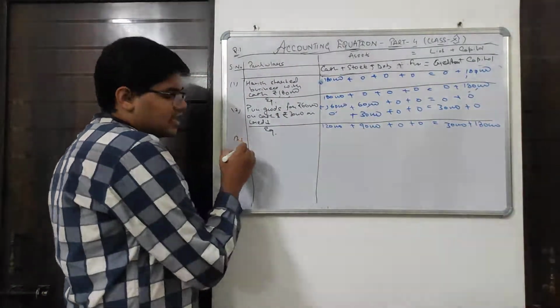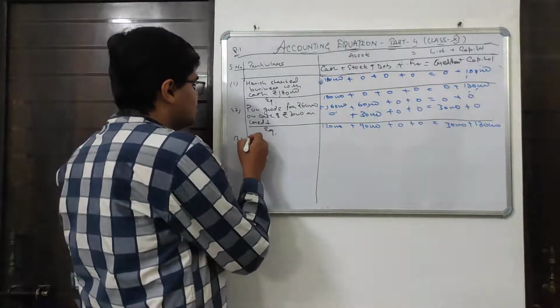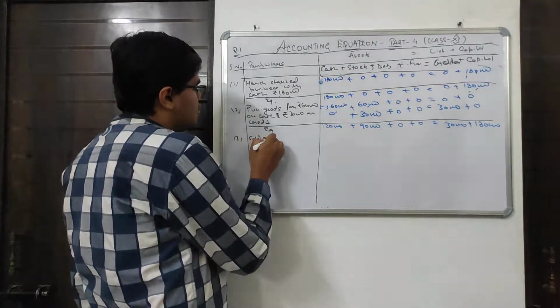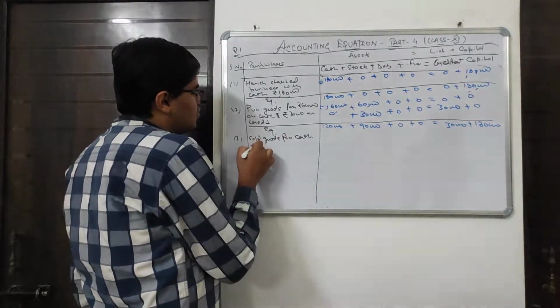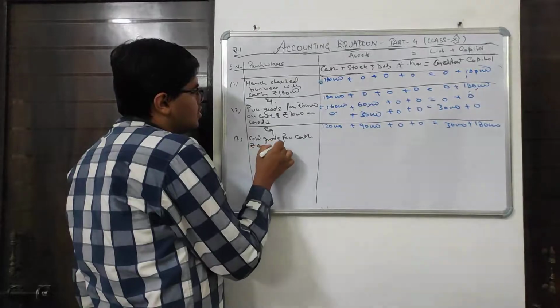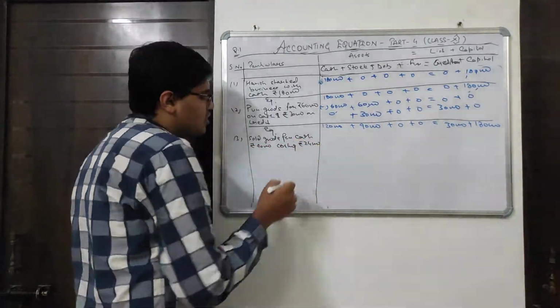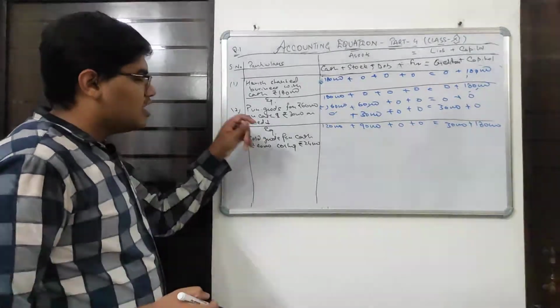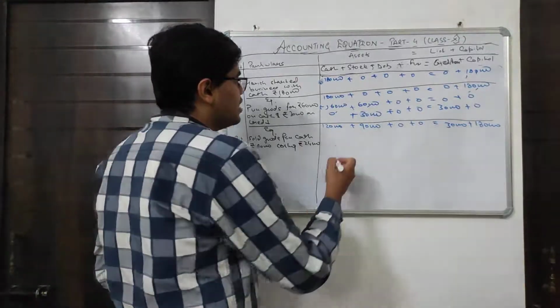Our third transaction is sold goods for cash 40,000, costing rupees 24,000. So first of all, the cost price of the stock is 24,000, so stock 24,000 will be deducted.